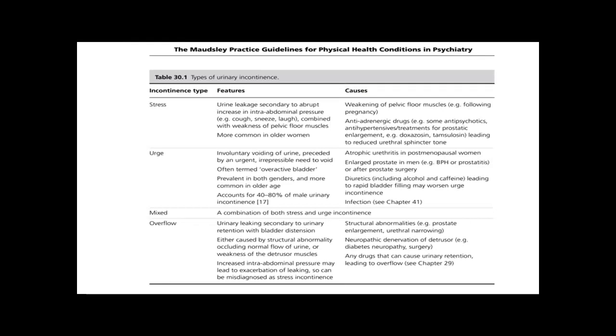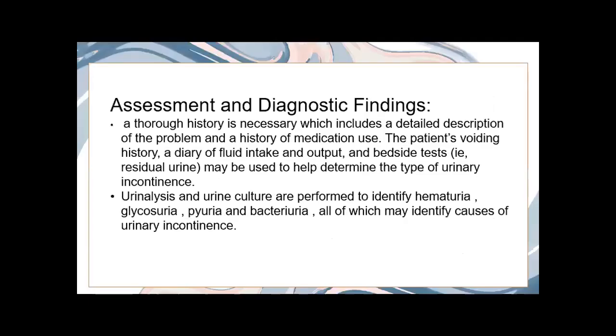This may be caused by a structural abnormality of the urinary tract occluding the normal flow of urine, or weakness of the detrusor muscle. Now, assessment and diagnostic findings. In case of urinary incontinence, a thorough history is necessary, which includes a detailed description of the problem and history of medication use, the patient's voiding history, and a diary of fluid intake and output.